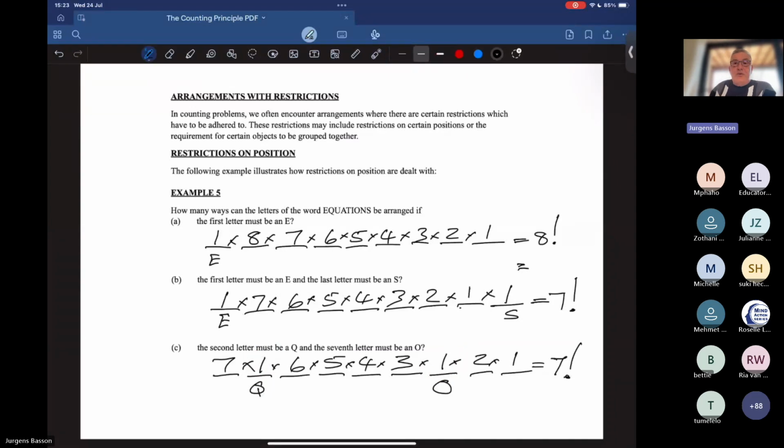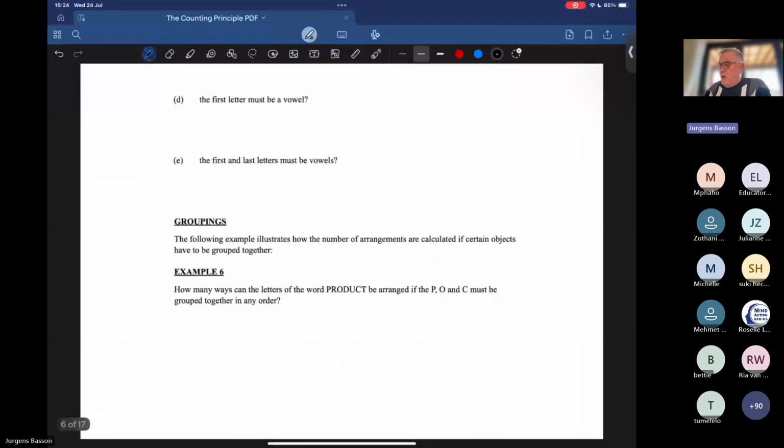So we're not finished with these questions. There's a few more. Because another thing that I've got from learners is they start to think that when we restrict, it's always 1. And that is not the case. It depends how we restrict it. So you notice in D, I now ask for the first letter must be a vowel.